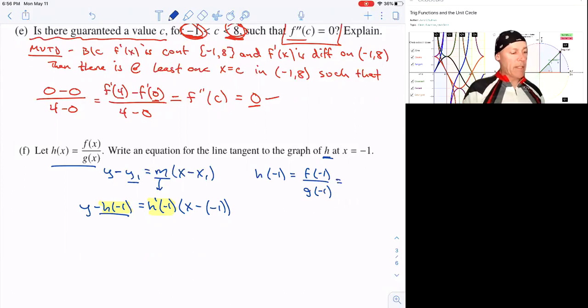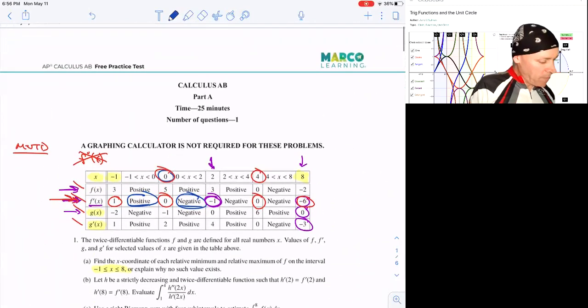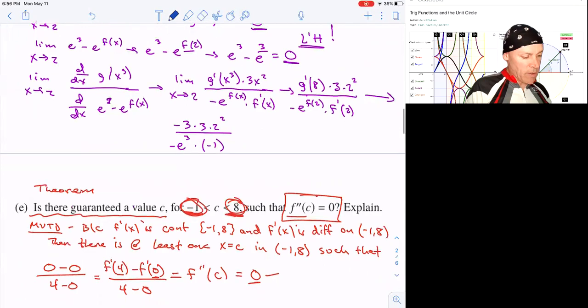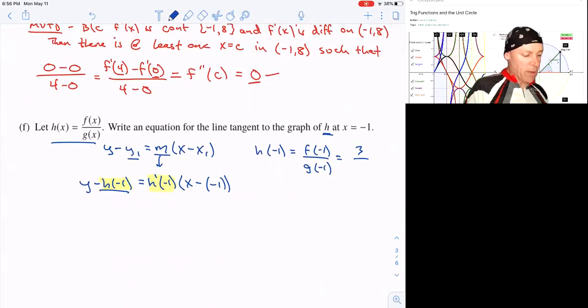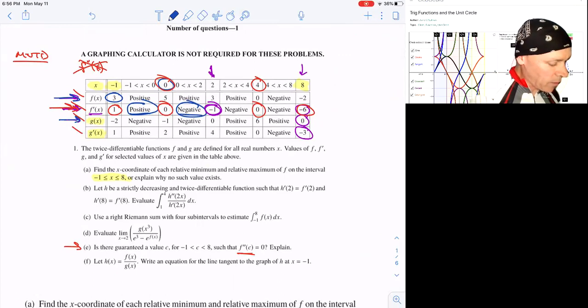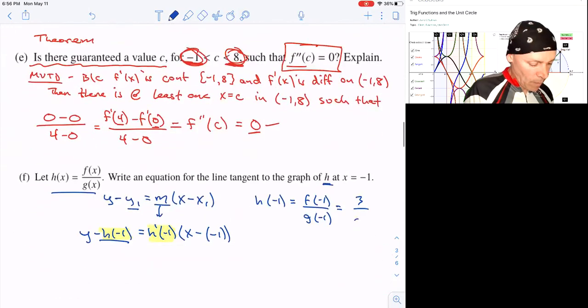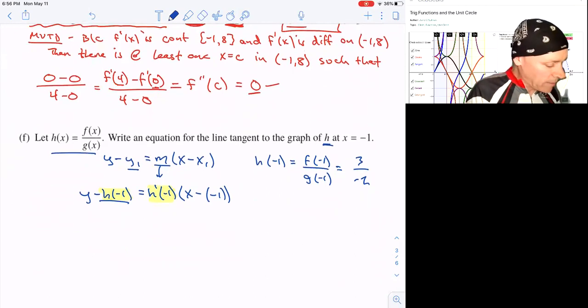Going up to my table, f at -1 is 3, over g at -1, which is -2. So h at -1 is equal to -3/2. I can drop that in.